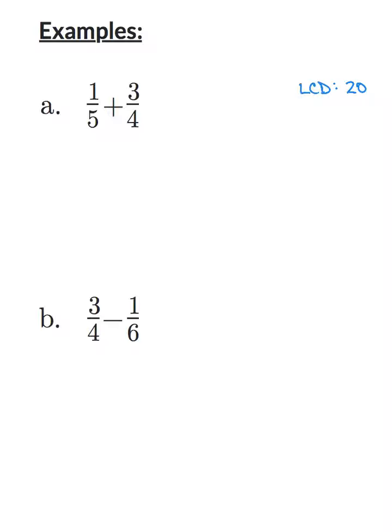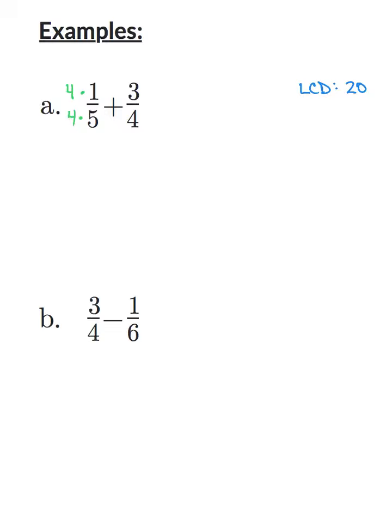From here, I want to go ahead and multiply each fraction so that I have a denominator of 20. So my first fraction, in order to get from 5 to 20, I need to multiply by 4. And just remember the basic rule, whatever you do to the bottom, you have to do to the top. Similarly, with my other fraction, how do I get from 4 to 20?